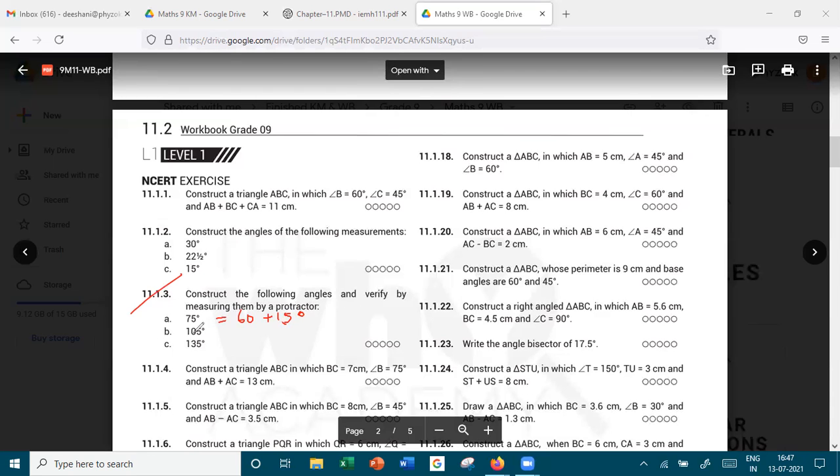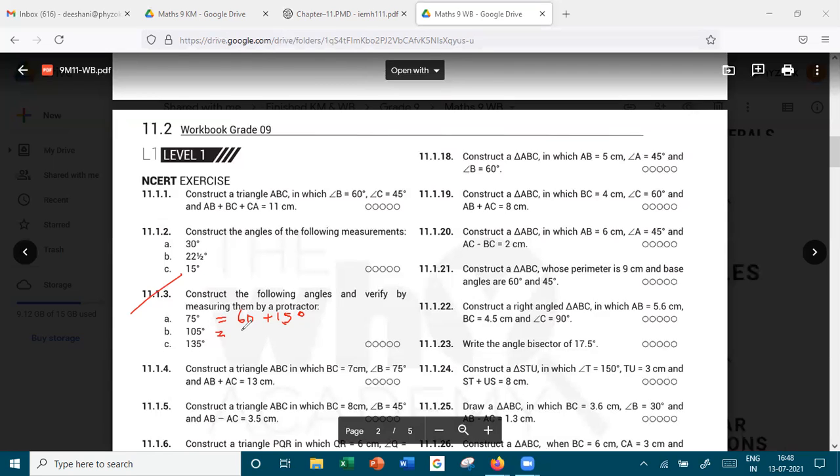So 60 plus 15 would give you 75. What about 105? 90 plus 15. Yes, correct.